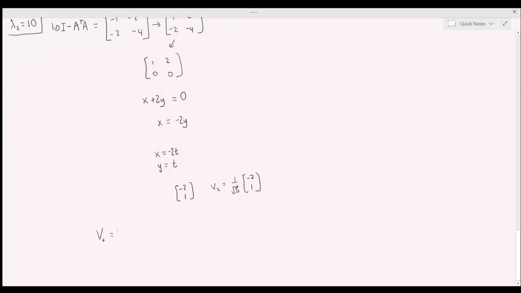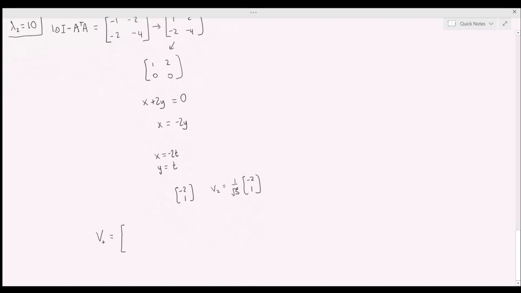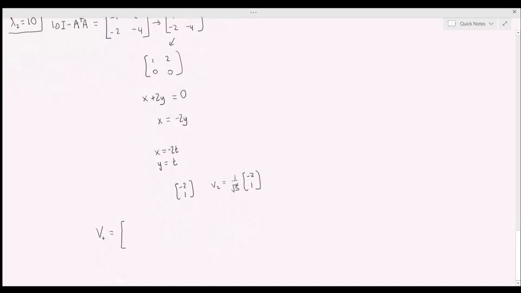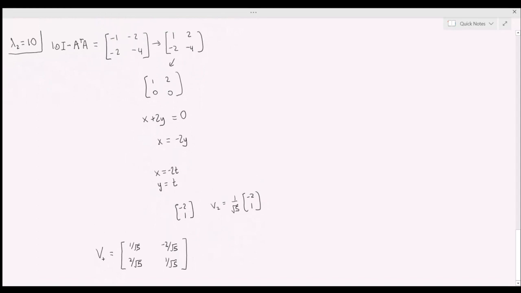And then with that, we could write out the matrix V plus as, so v1 was 1 over root 5, 2 over root 5, and then here it's -2 over root 5 and 1 over root 5. All right. Okay, so with that, we now have the matrix V plus.